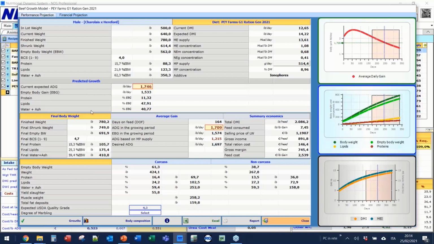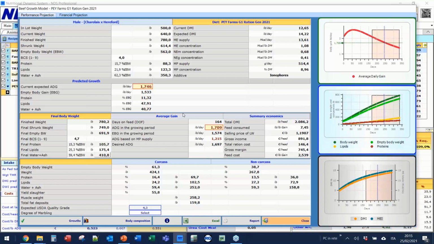The final body weight, finish weight after the days on feed: the system predicts 164 days on feed to reach this final weight, the final rank weight, the final empty body weight, the expected body condition score at the slaughtering, and the body composition at the end of the period.